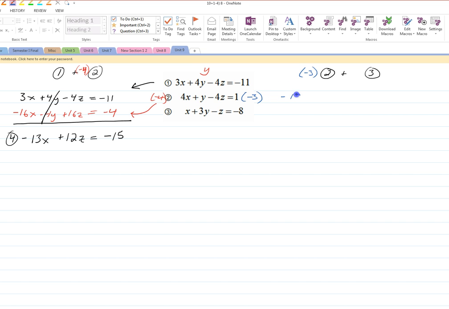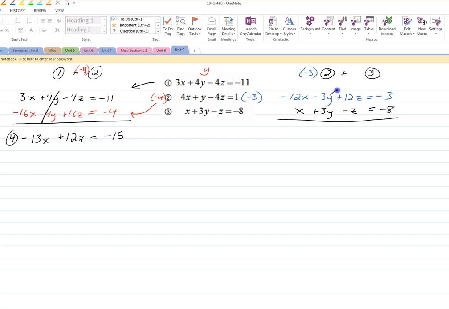So we get negative 12x minus 3y plus 12z equals negative 3. And then the third equation I didn't do anything to, so I can just rewrite it. x plus 3y minus z equals negative 8.